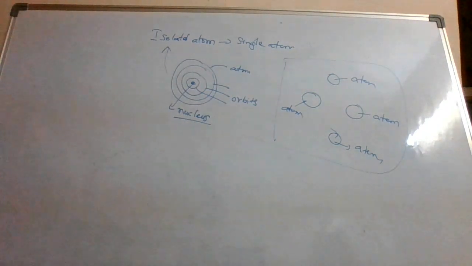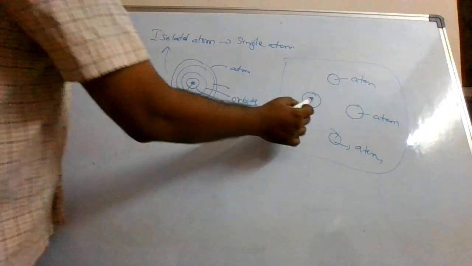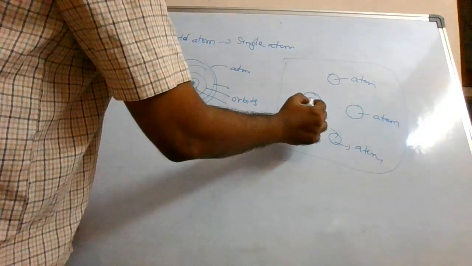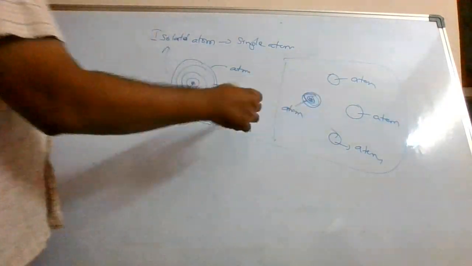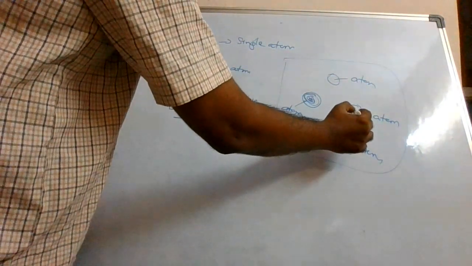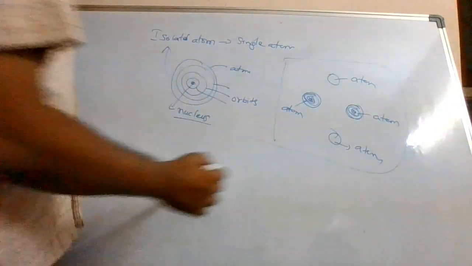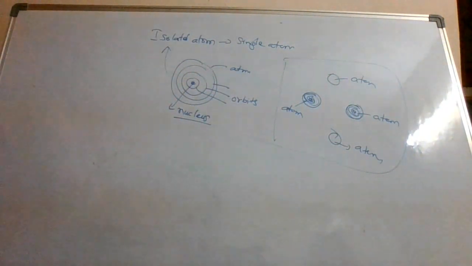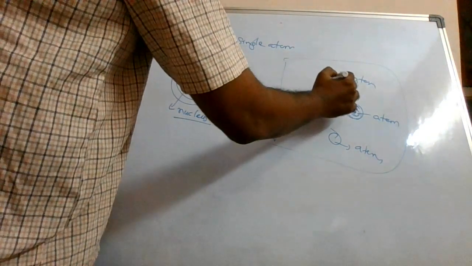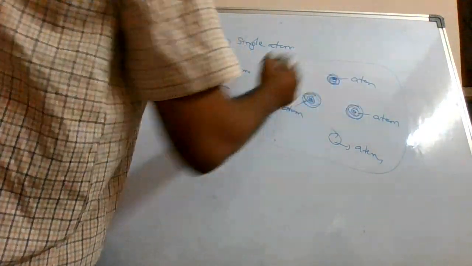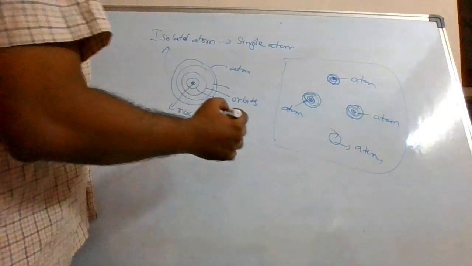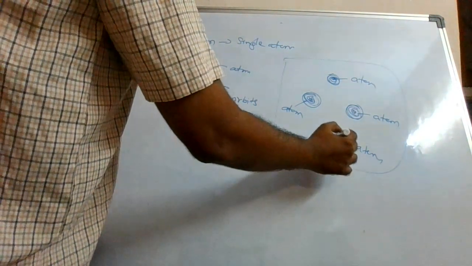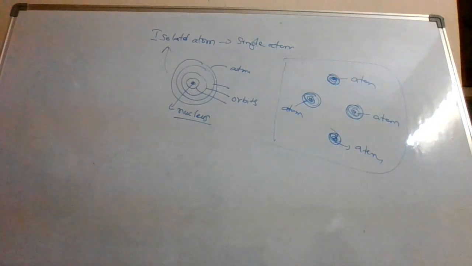Each atom has its own nucleus and own electrons. As per Bohr's postulate, they will be rotating in a particular orbit. Similarly, this one will have its own nucleus and orbits. This is the meaning of the term system of atoms, group of atoms.